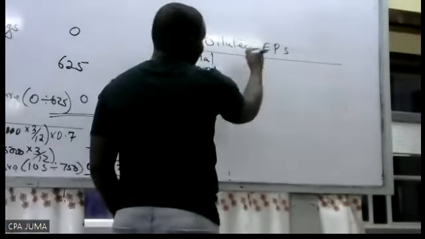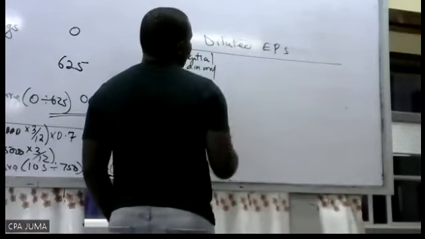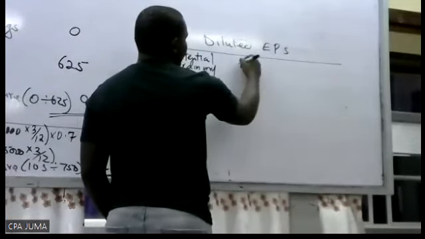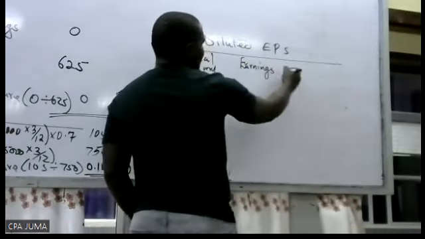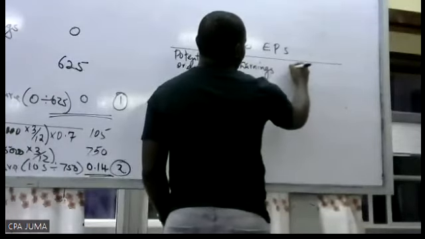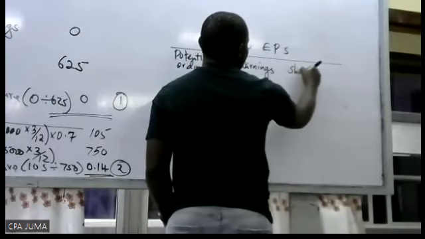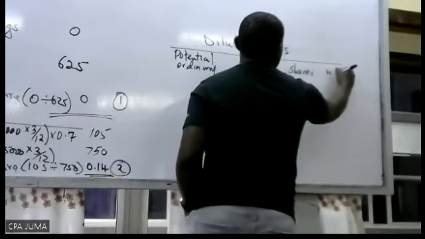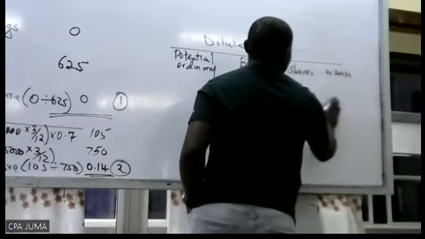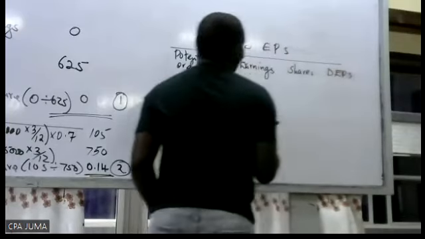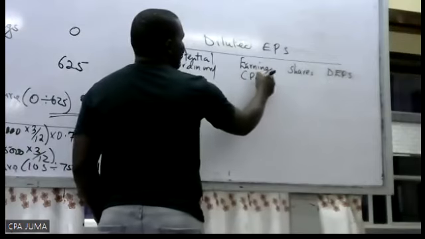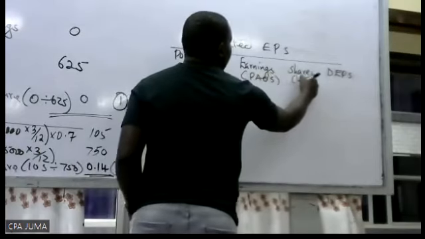Then you write here earnings, right here shares, right here EPS. So this one here represents the PAUs, this one represents the one-os.